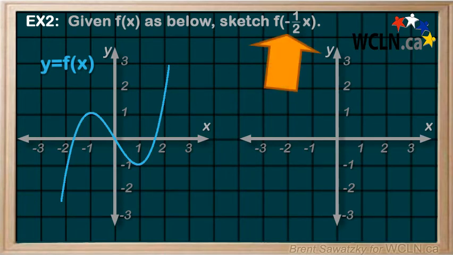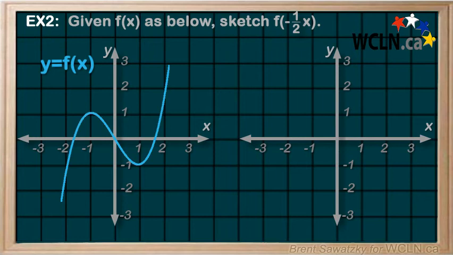Had this negative been in with the y, or in front of the function f, it would have indicated a vertical reflection. But in with the x like this, we know that it has to be a horizontal reflection. Thus, we'll note to self, let's make sure that our result has a horizontal reflection.